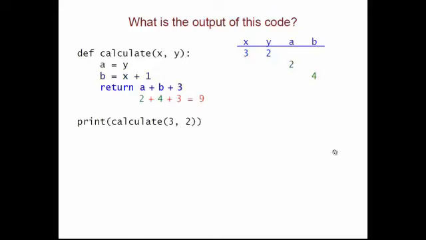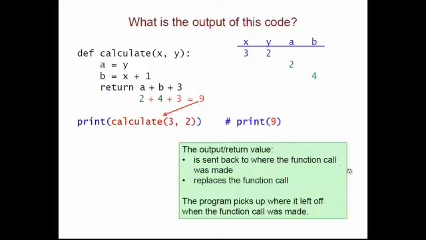And then finally we return the result of this expression. So we first need to actually do that evaluation. So a gets replaced by its value, b gets replaced by its value, and then we add 3 to give us 9. And then that return value is sent back to where the function call was made. So here's where we made the function call.